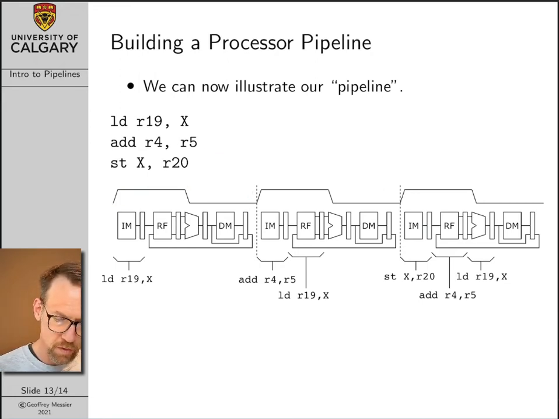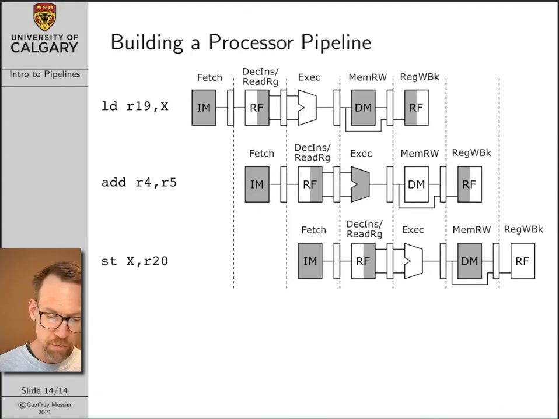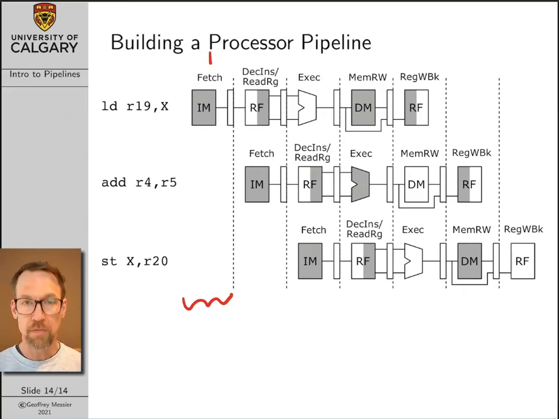Actually, let me draw this a little differently so it's not so messy. In this first part of the diagram, we have our first clock period. What's happening in this part of the diagram is represented in this part of our pipeline timeline diagram. So I'm going to put a number 1 up here to indicate that this part of the diagram represents what's going on in clock cycle 1.